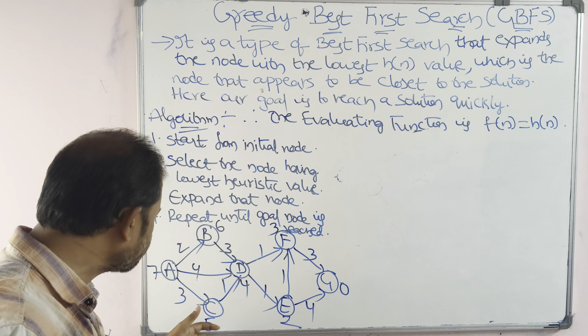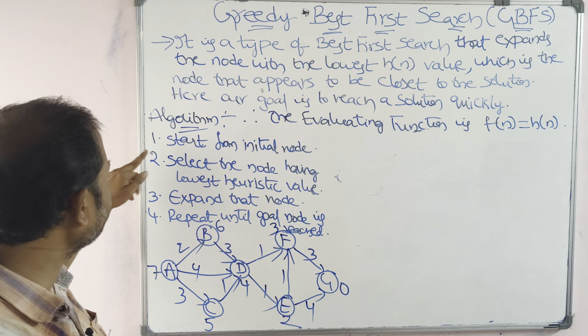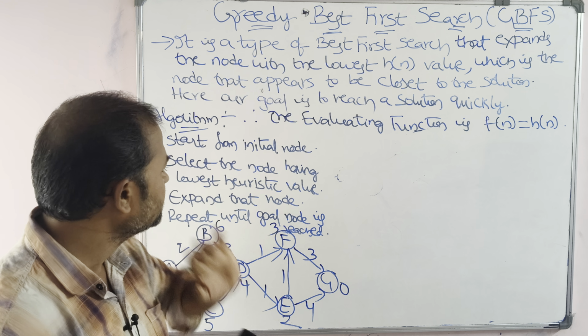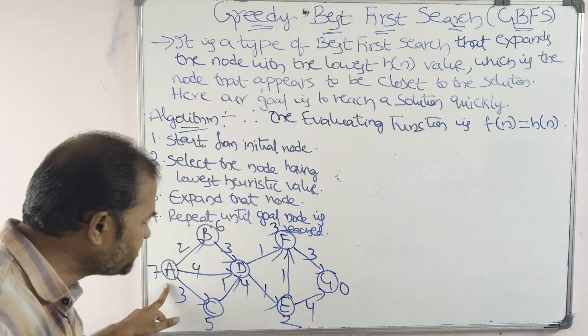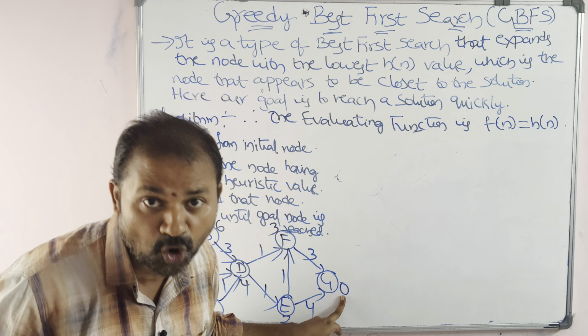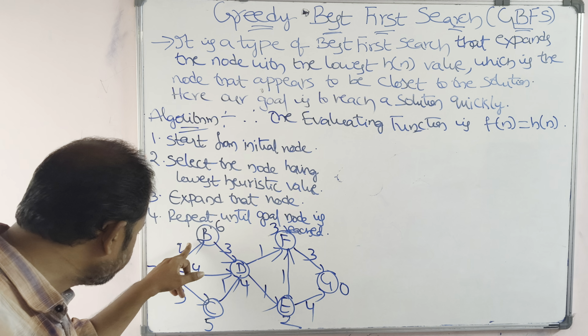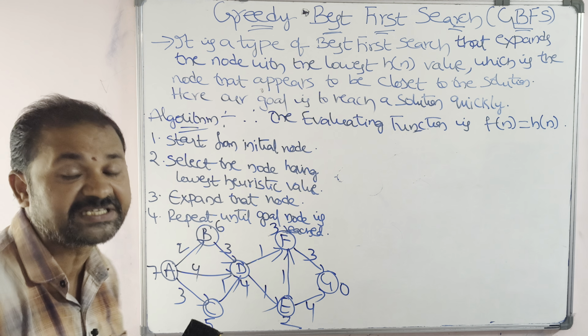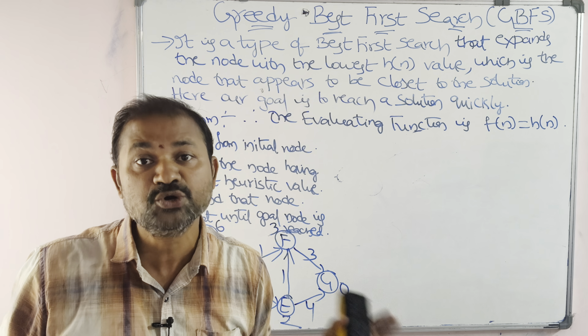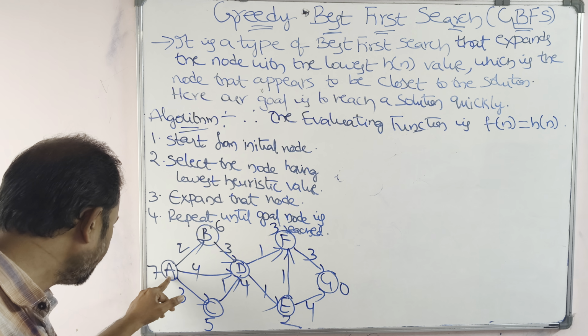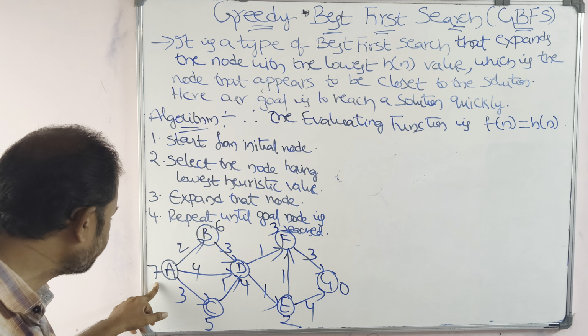Now let us solve this problem with the help of this algorithm. First step, start from the initial node. Here A is the initial node, G is the goal node. Here the edge cost as well as the heuristic value is specified, but we need to consider only the heuristic value. Beside each node, the heuristic value is specified.